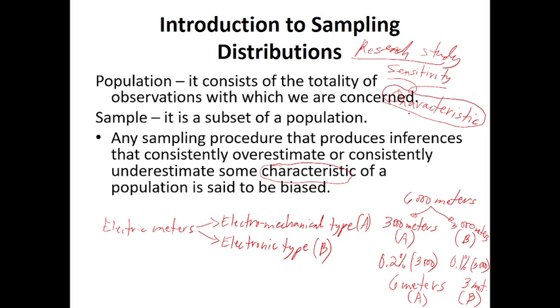This characteristic we call parameter, if our concern is about characteristic of the population. So the characteristic of the population may now be overestimated or underestimated.